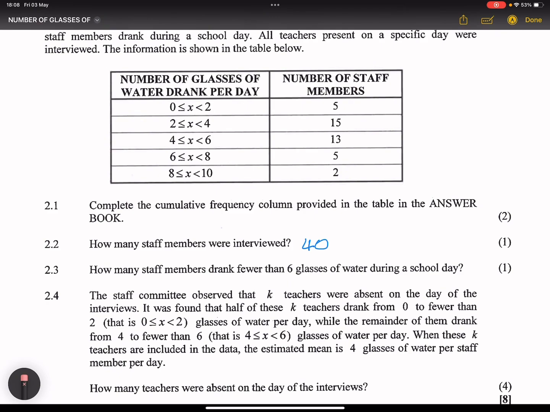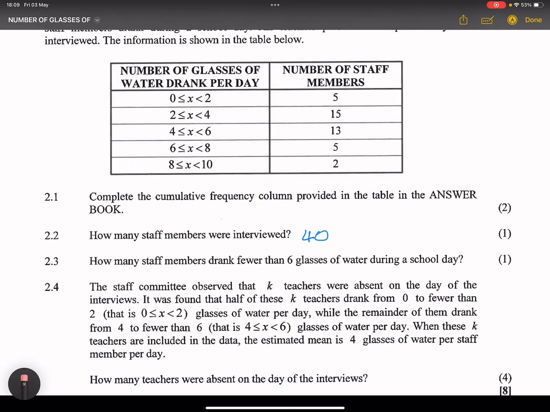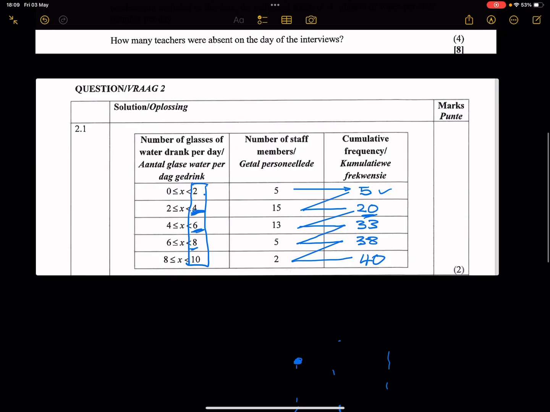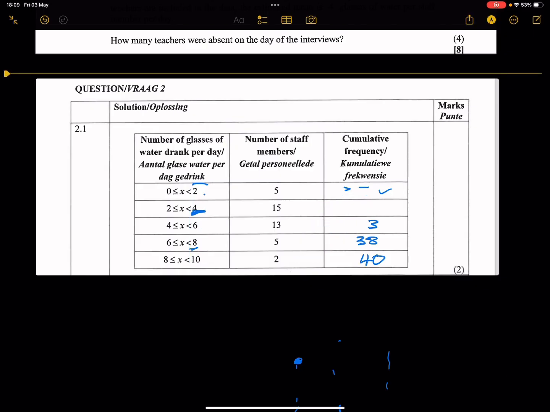Right, so the next one, they say, how many staff members drank fewer than 6 glasses of water during a school day? Now I want you to note, let's go to our table. It's much easier to look at it from there. Remember, in this case, I just removed those values. So that was 5, and we said that was 20, and this is 33.